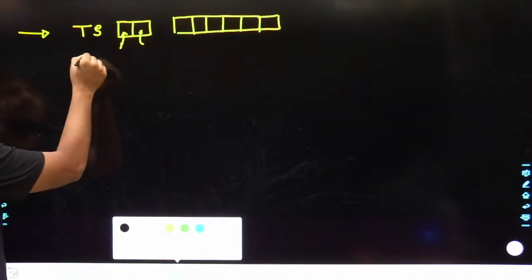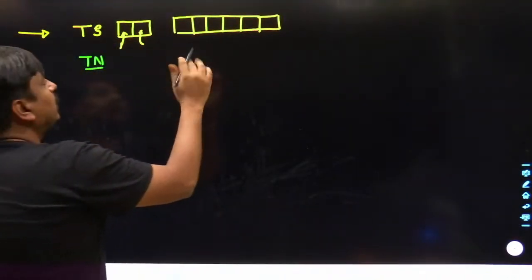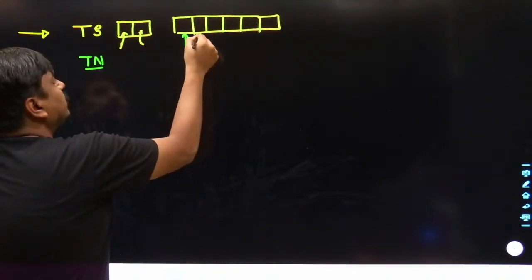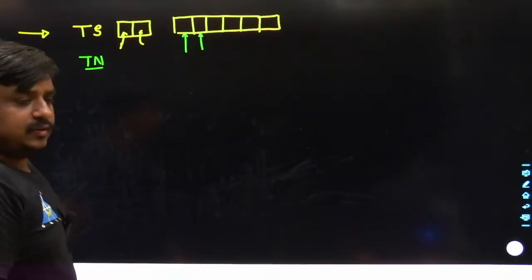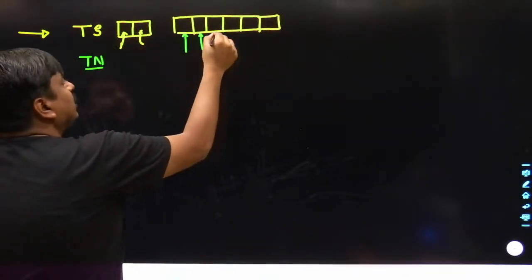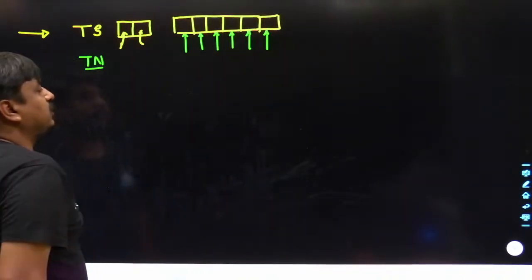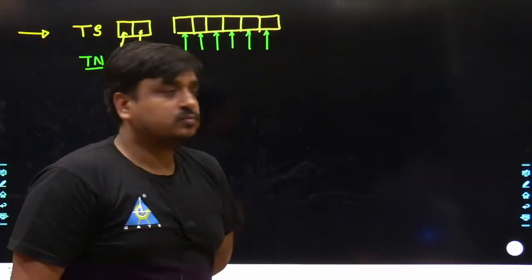Similarly, in case of Tamil Nadu, it would be TN. So what is happening here? The starting 2 spaces are fixed for alphabets, and the last 4 blocks are fixed for digits.